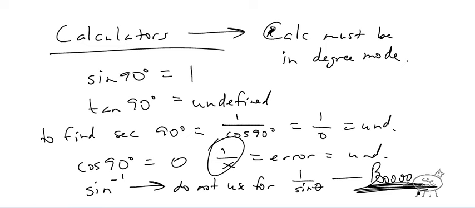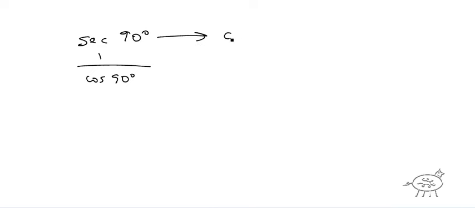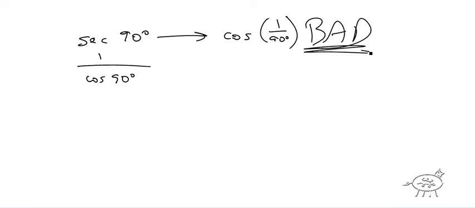Going back to secant of 90 degrees, that is equal to 1 over cosine of 90 degrees. Another bad thing to do is cosine of 1 over 90 degrees. That's really bad too, because it doesn't even make sense.